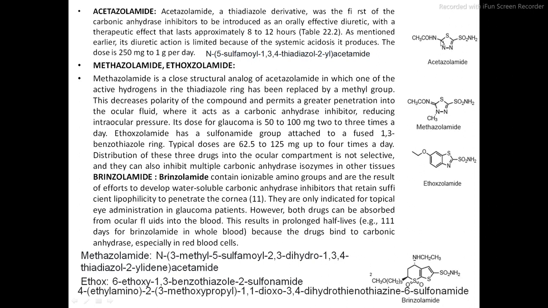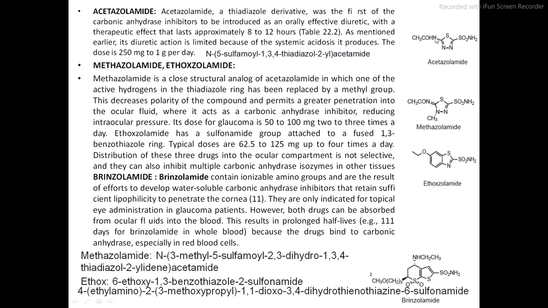So we have to count anti-clockwise, not clockwise, because we have started our IUPAC nomenclature from this nitrogen, and this nitrogen is at the left position of the sulfur. Hence, we have to count anti-clockwise. So 1, 2, 3, 4, 5. So this is the numbering of this thiazole.